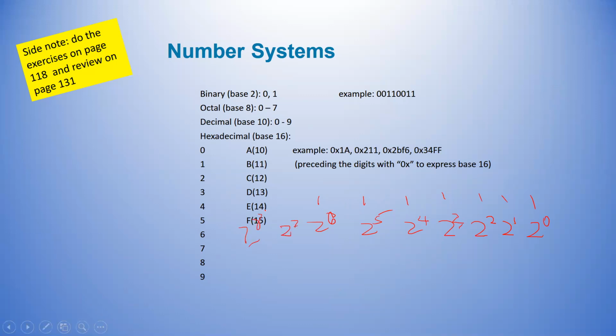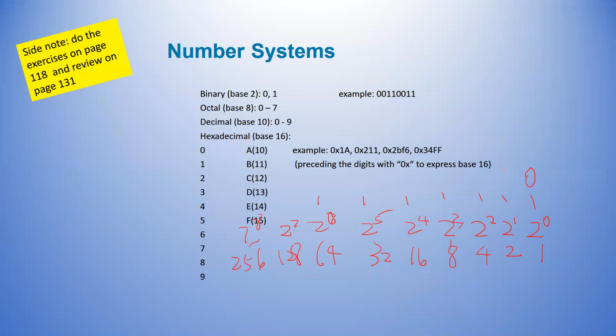That's how you calculate them, okay? And so this is always 1, right? This is 2. 2 to the 2nd is 4, 2 to the 3rd is 8, 2 to the 4th is 16, 32, you just double, 64, 128, and 256.